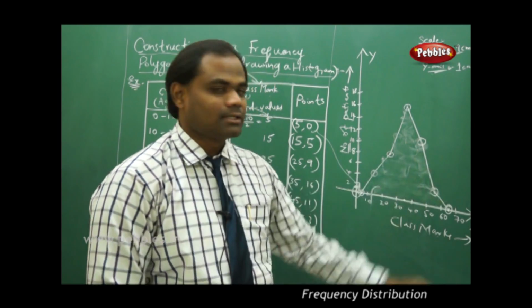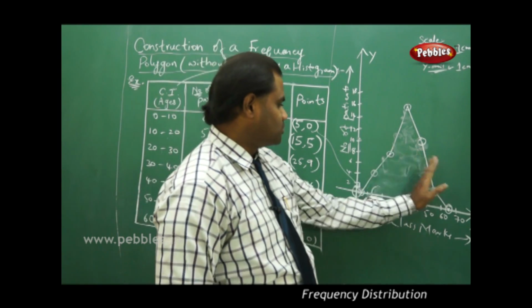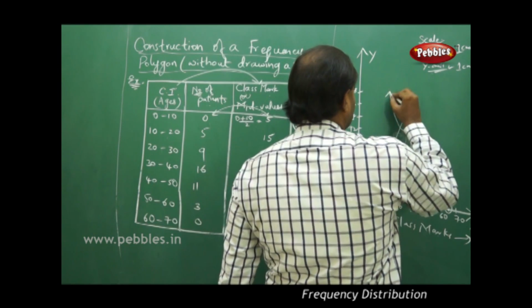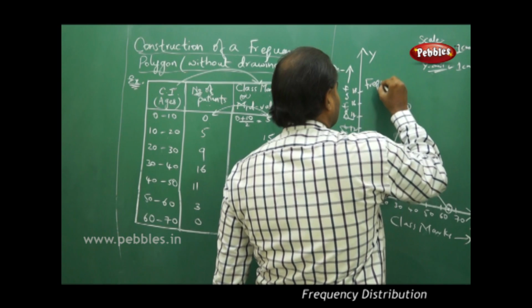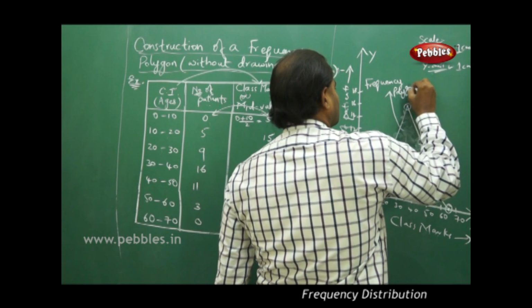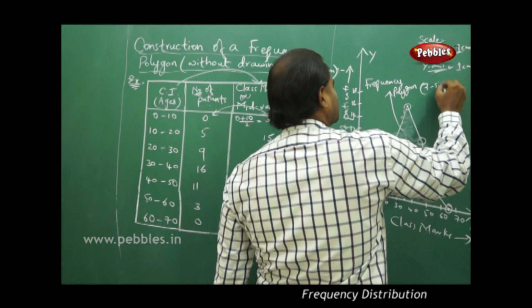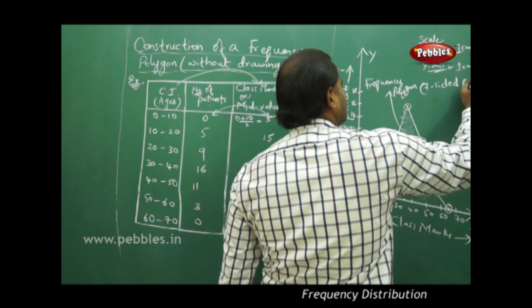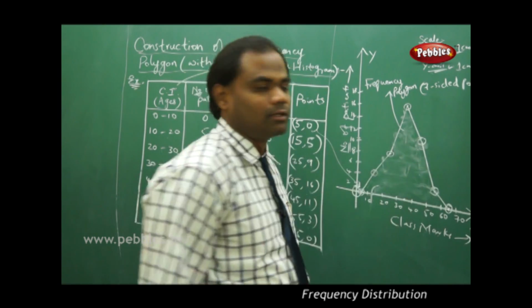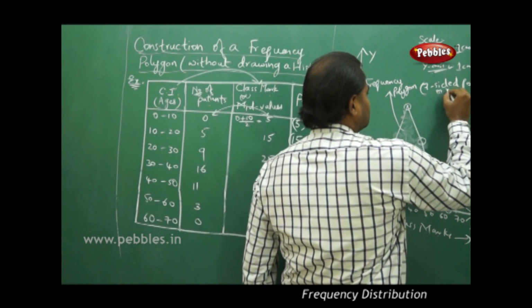Now we have constructed a frequency polygon, which has been shown through the shaded region. This is a seven-sided polygon, also called a septagon.